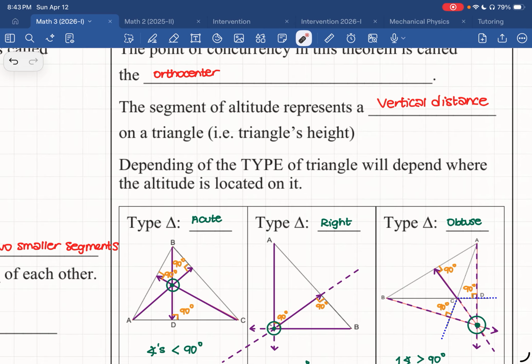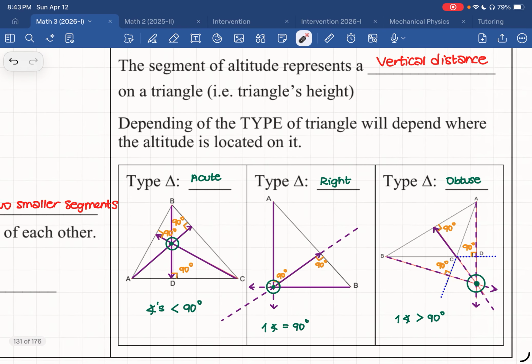Depending on the type of triangle, we will find out that the point could be either here, or here. If the triangle is acute, the orthocenter is going to be inside the triangle, not right in the center, but inside. In the case of the right triangle, the orthocenter is going to be at the right angle vertex.